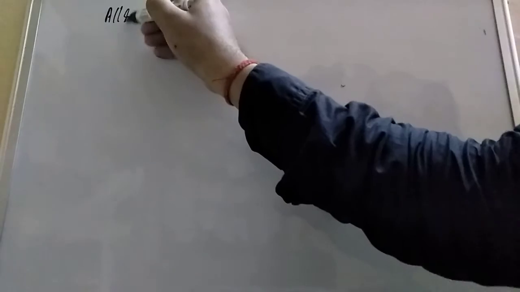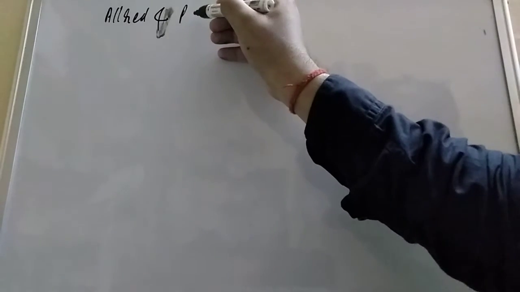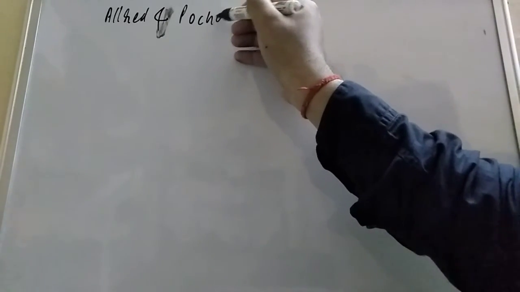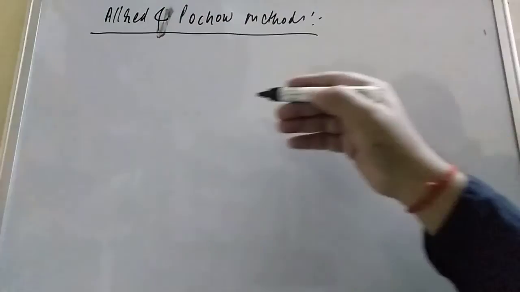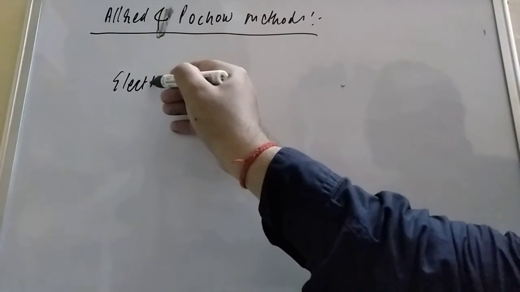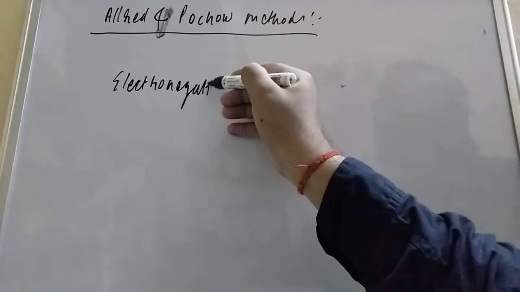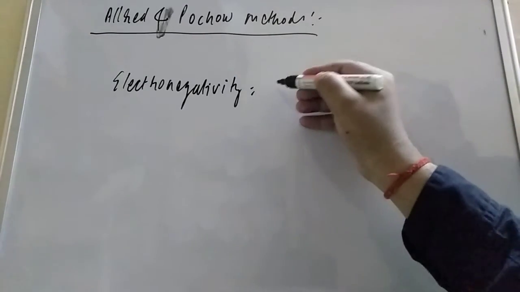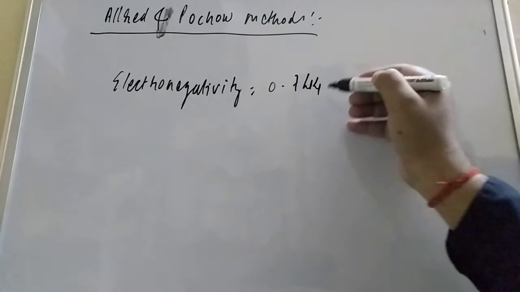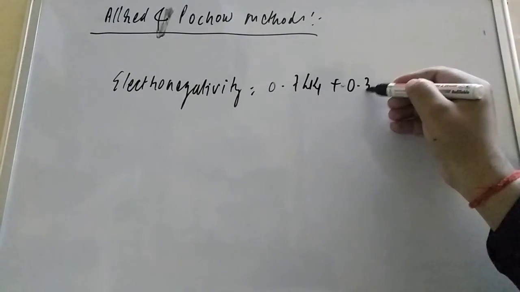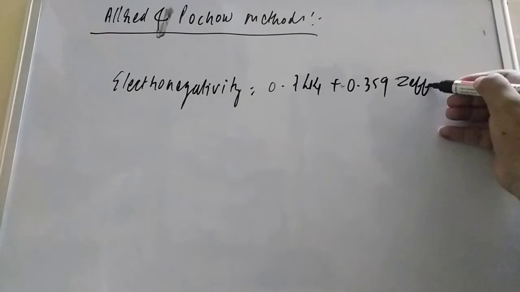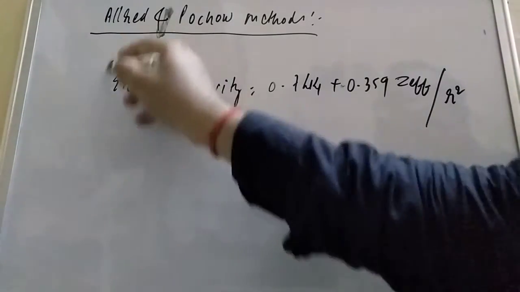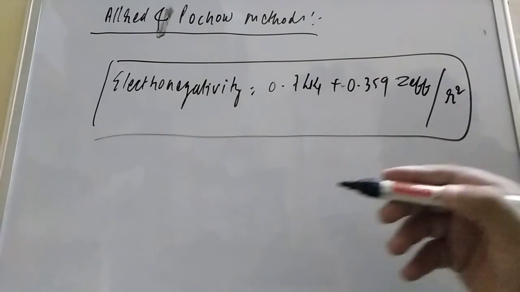He gave one expression: electronegativity equals 0.744 plus 0.359 Z effective by R square.